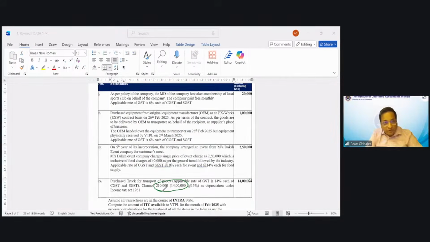For the purpose of how much is the GST, will I apply the rate of 14% on 14 lakh or 14% on 1190? How much will the ITC be? You tell me. Will the ITC be 14% of 14 lakh, or 14 lakh minus 210 and then multiplied by 14%? Okay, calculate once. How much is the ITC?